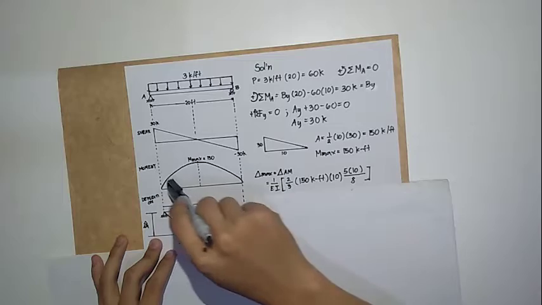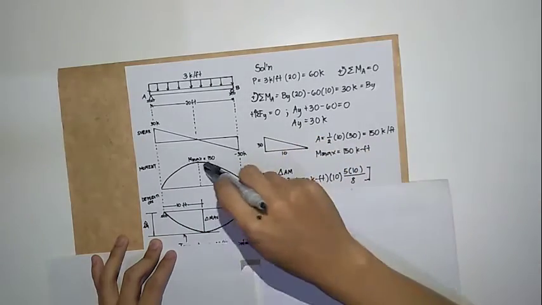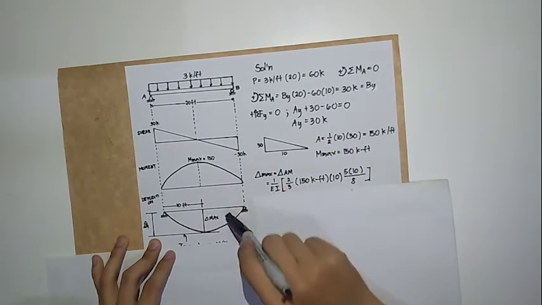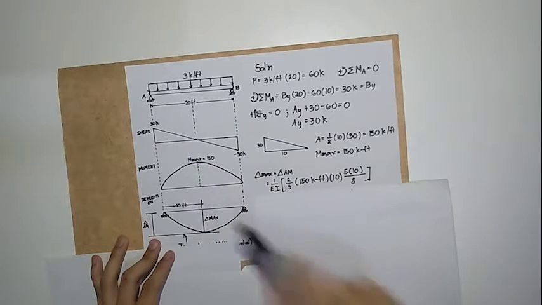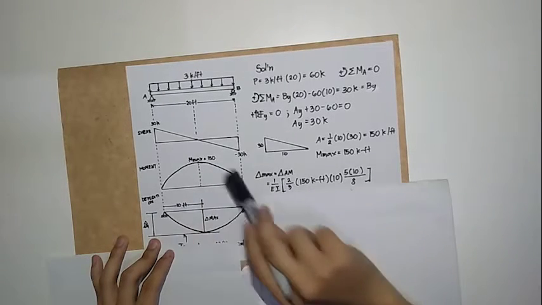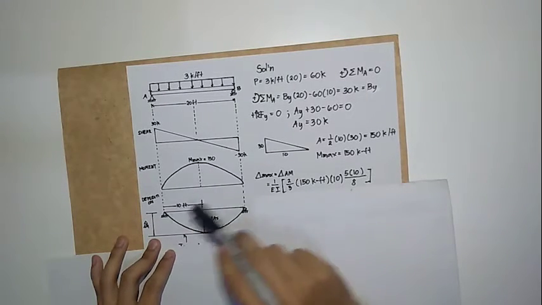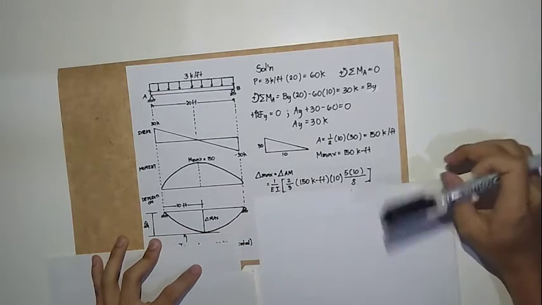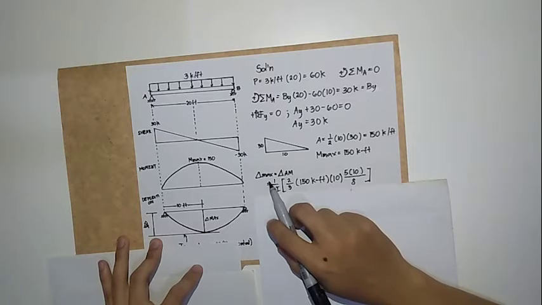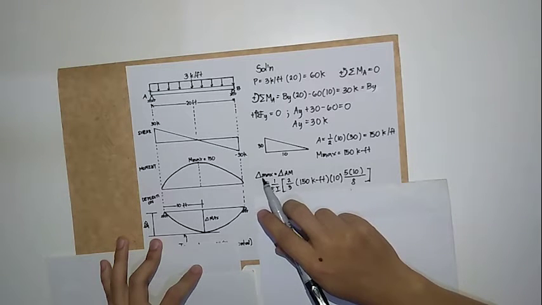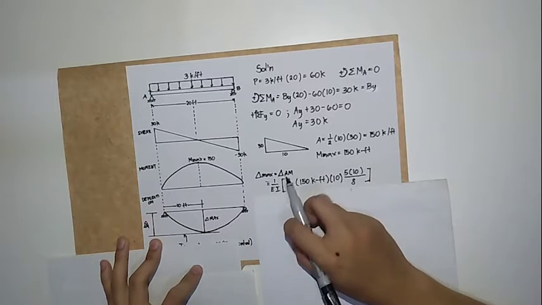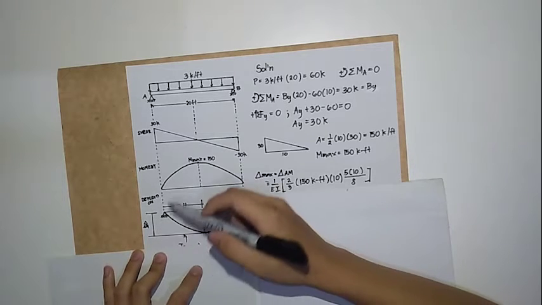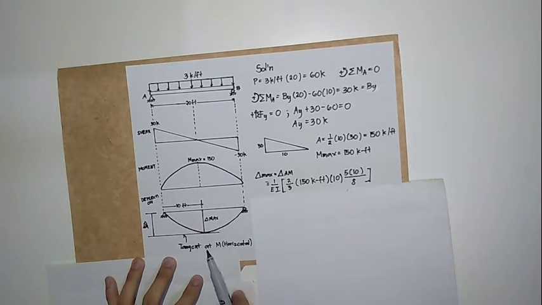Pag happy face ang moment, meaning kabaliktaran din ang deflection. So sa ganitong sitwasyon, naka sad face po ang moment, kaya pa happy face po ang deflection. So ito po ang formula. The change in maximum deflection is equal to the change in AM. So ito na po where tangent at M is horizontal.